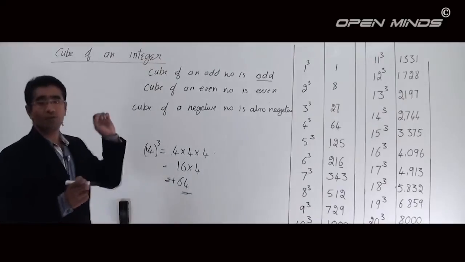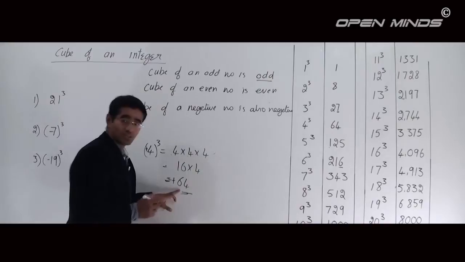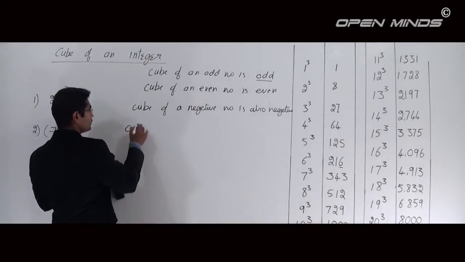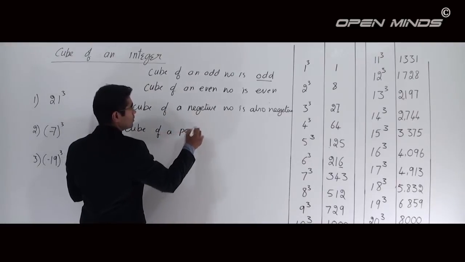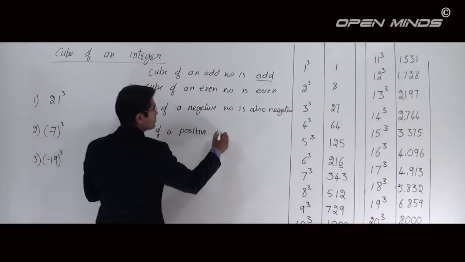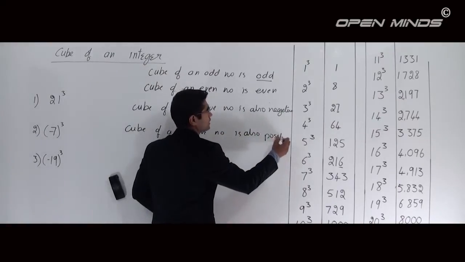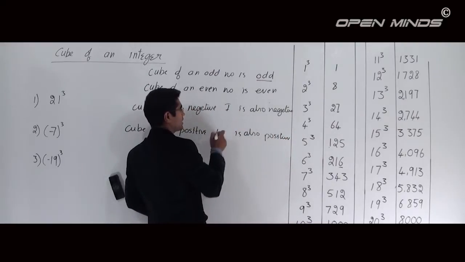So it means if you cube a positive integer, you will get a positive number, right? So we can write: the cube of a positive number is also positive. All right, so instead of numbers we can just write integers.